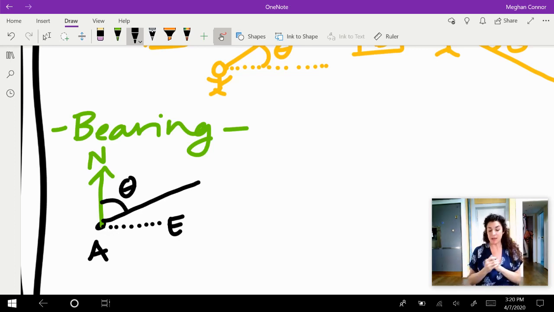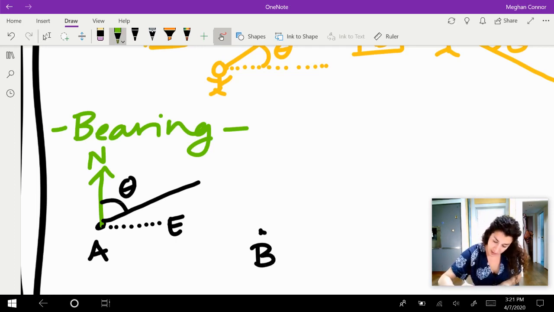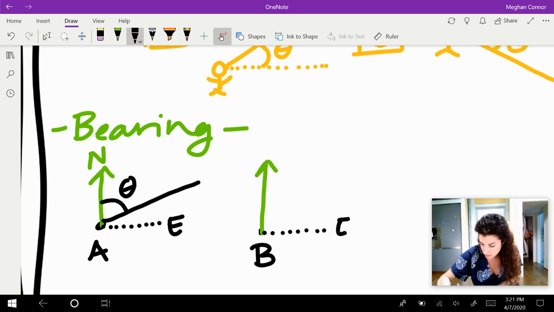So like that might be a bearing of 70 degrees. If you have something more than 90, you're going past 90 degrees. So let's do all the different examples. So we'll call this B. Still talking about due north. Here's our east.